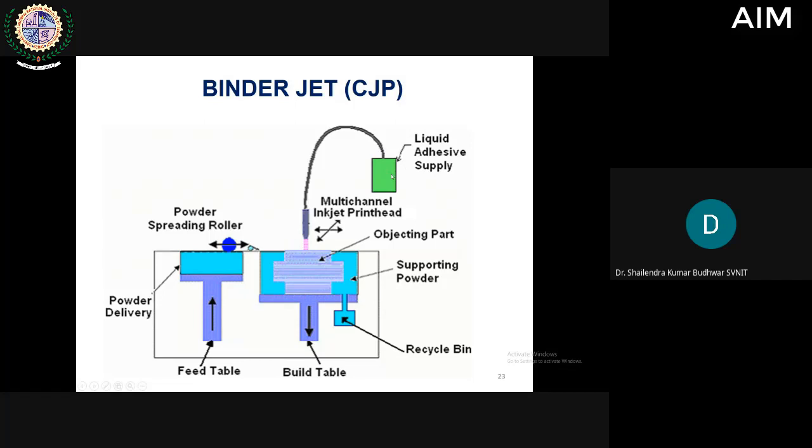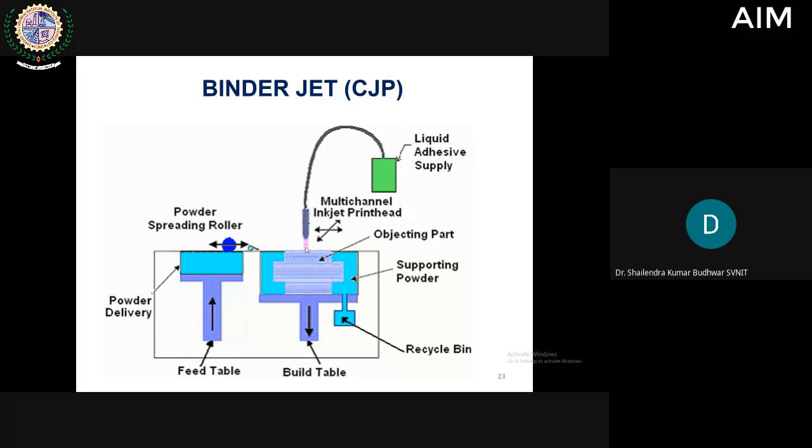This adhesive is deposited on the powder, and then after solidification, all the particles of the powder are joined with each other, and then one layer is formed.